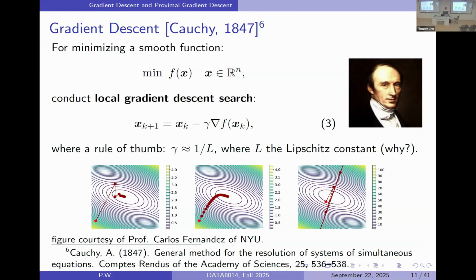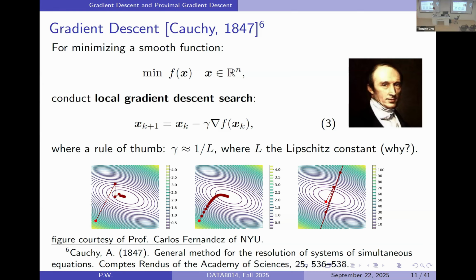Here we plot some figures. The middle point is the global minimizer of this problem, and the different points are the iterates of gradient descent.